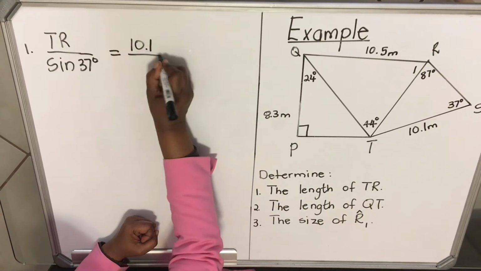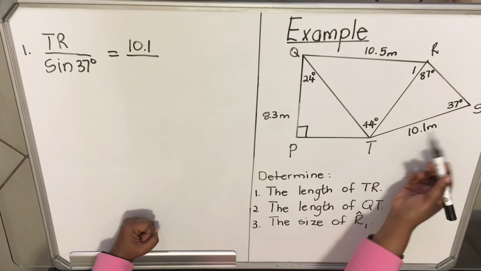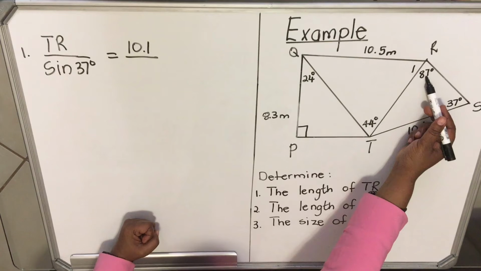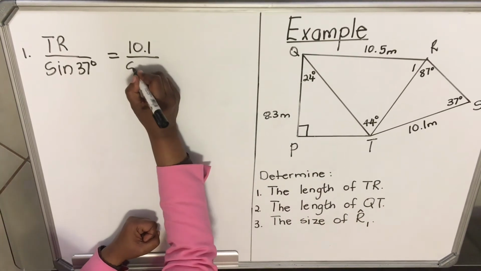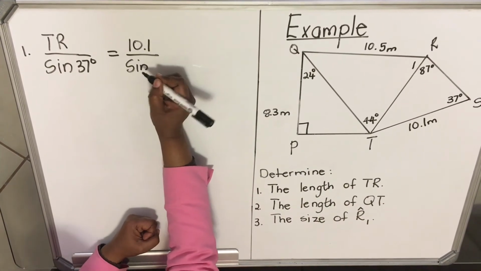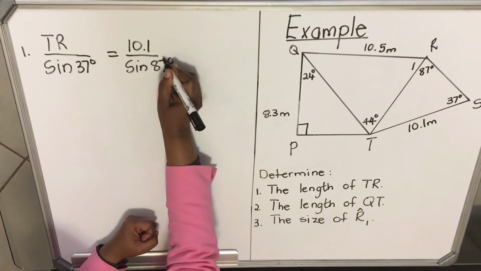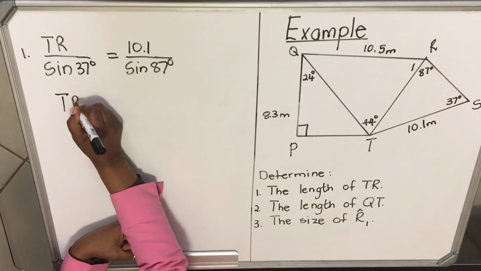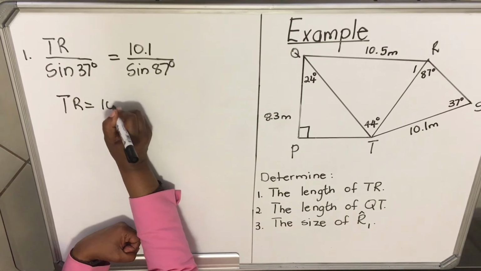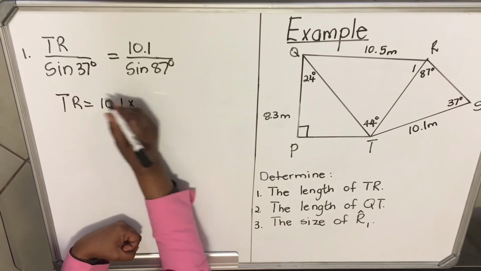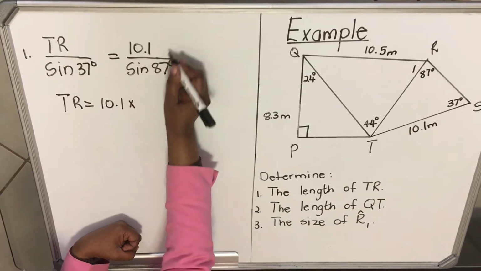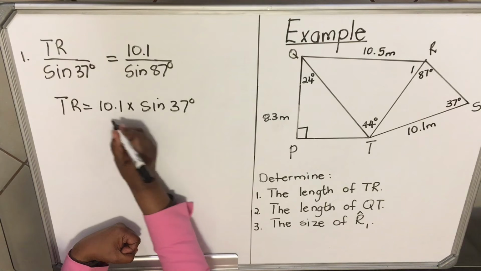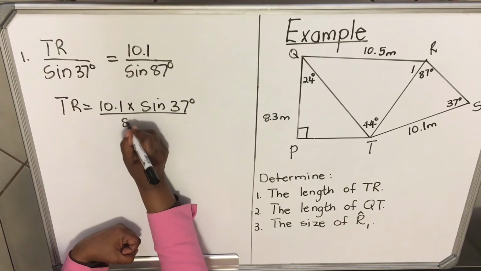You don't necessarily have to write the formula first. And then the angle that is opposite that line, it's 87. So it will be sine 87 degrees. Then TR is equal to 10.1 times, when you multiply this will be here, sine 37 degrees over sine 87 degrees.